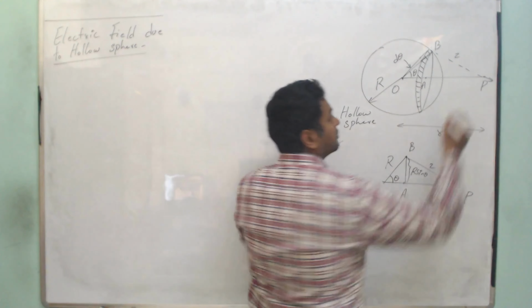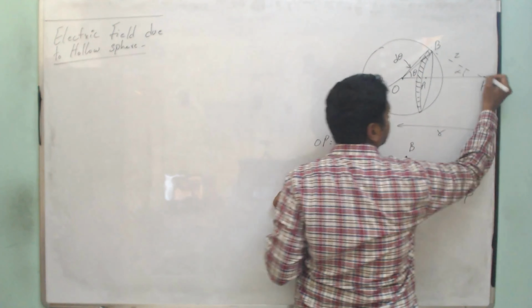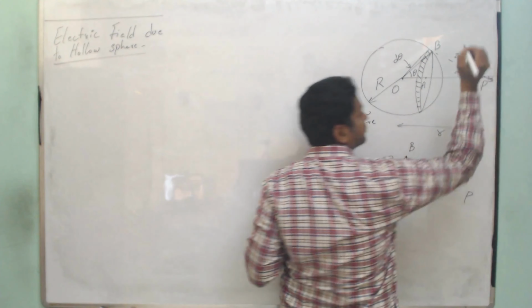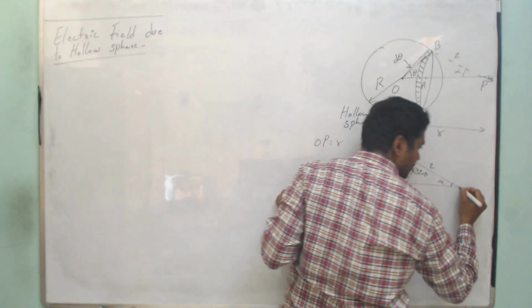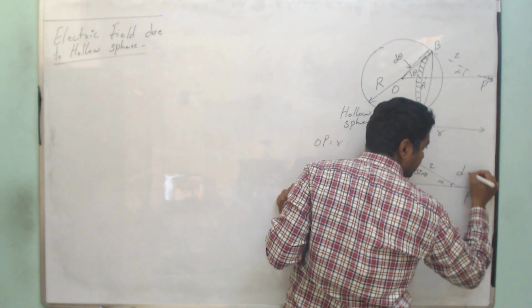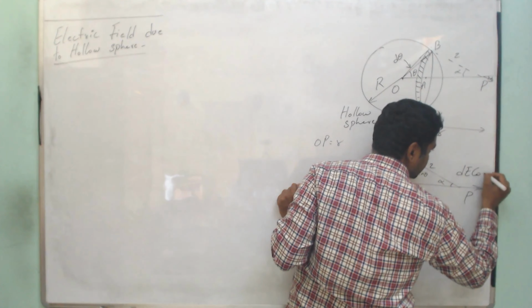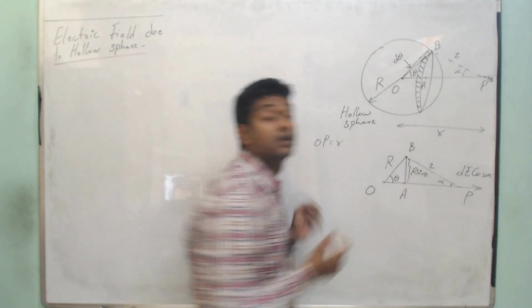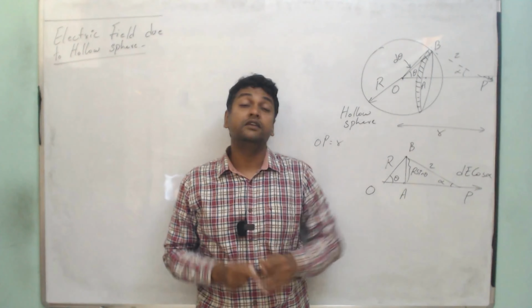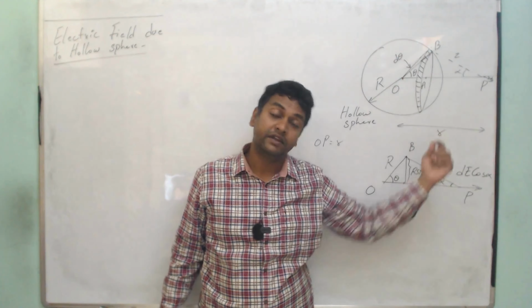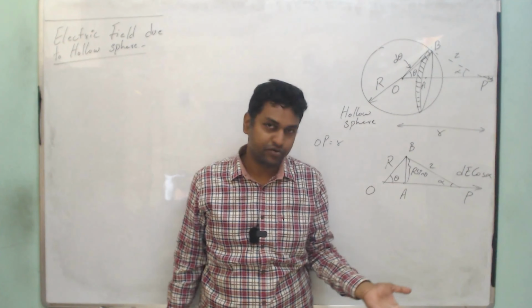Because this angle is alpha, that angle is going to be alpha. So the cos alpha component is going to add. So can I write it as dE cos alpha? And dE due to every element is going to have the same magnitude.